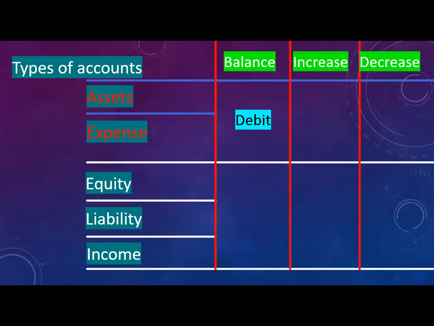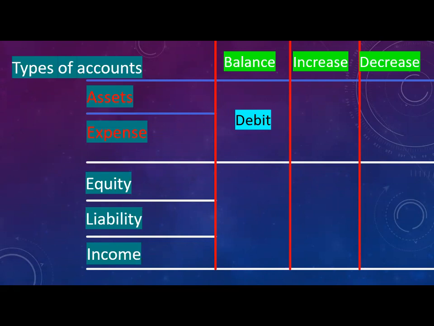Vehicle is an asset, so vehicle balance is a debit. If they say the following balances are given, and they give vehicle, we have to write it on the debit side. If they give a building, we write it on the debit side. Likewise expenses: if they give any balance, it should be debited.